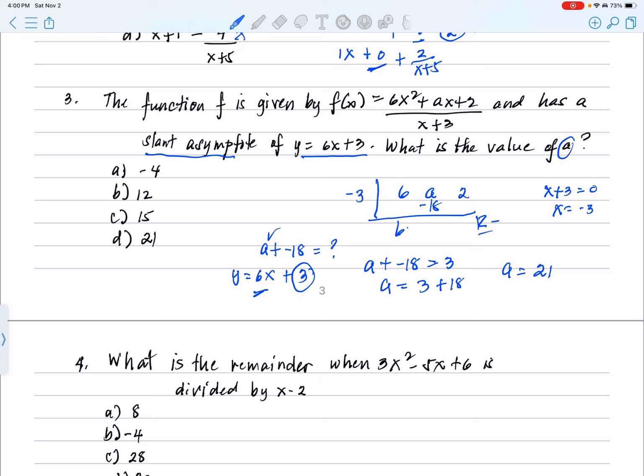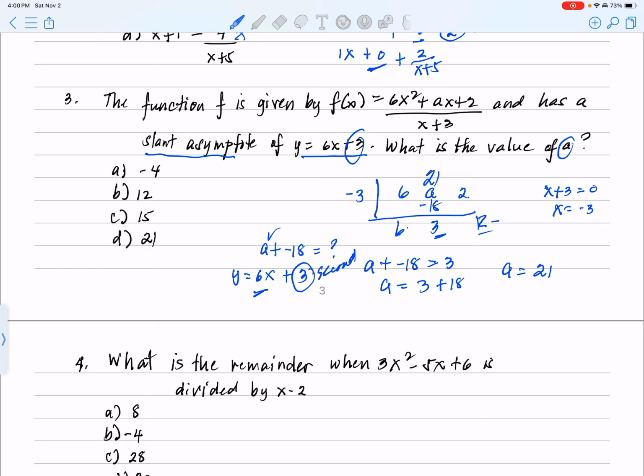Therefore, when you subtract 18 from this number, it will become 3, because our equation for the slant asymptote is y equals 6x plus 3, and 3 is the second term of the slant asymptote.